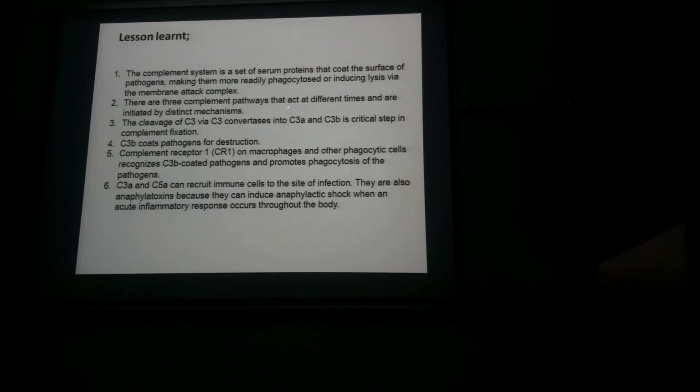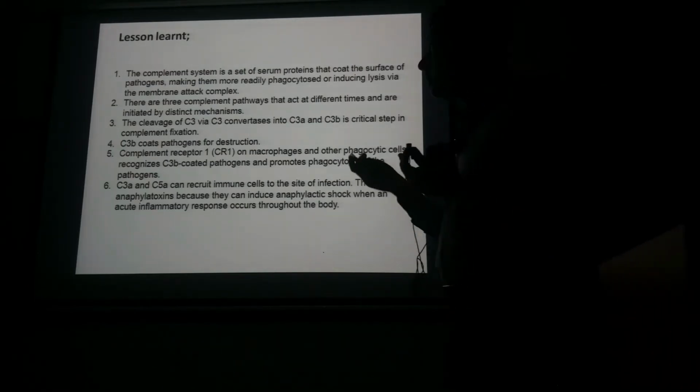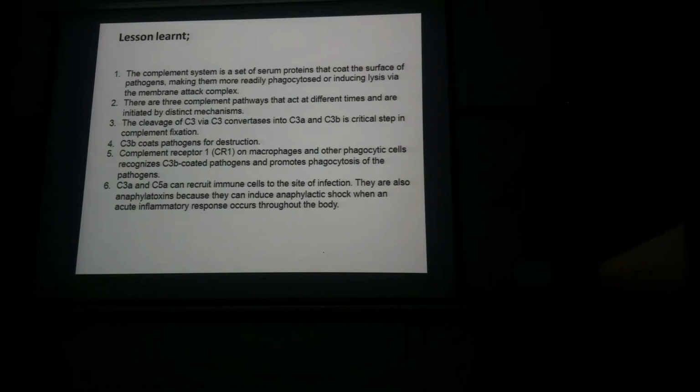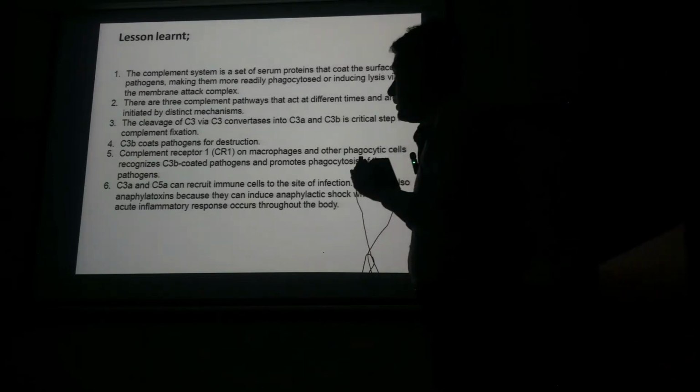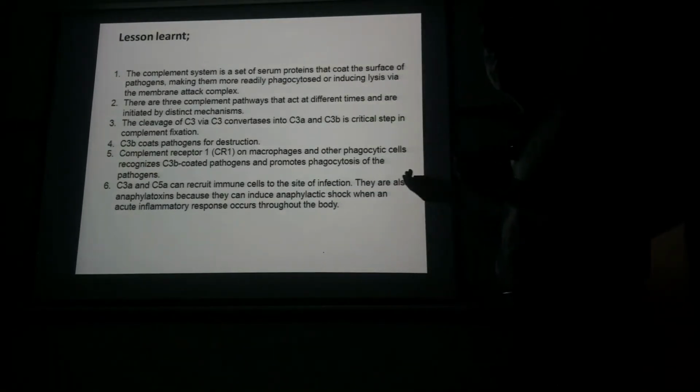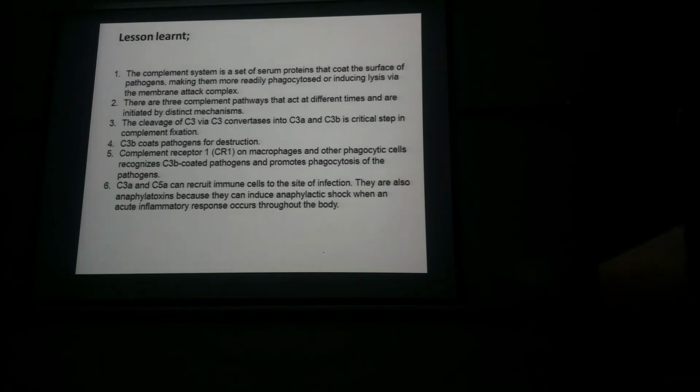There are three complement pathways that act at different times and are initiated by distinct mechanisms. And you saw that the alternate pathway, the lectin and the classical pathway, are initiated in different ways by different mechanisms. Okay, we discussed in detail that the alternate pathway is the principal pathway, but there are some pathogens that can be recognized in other ways as well.